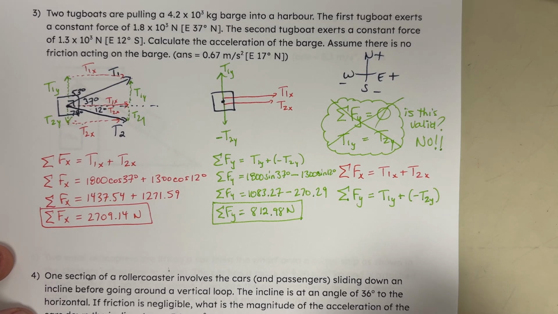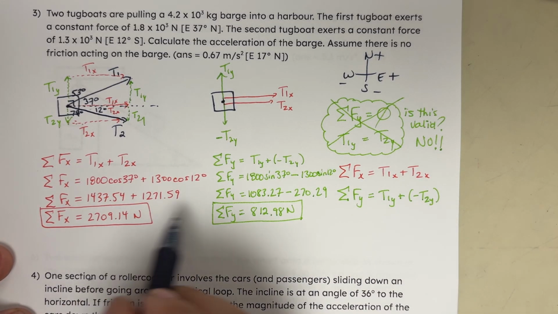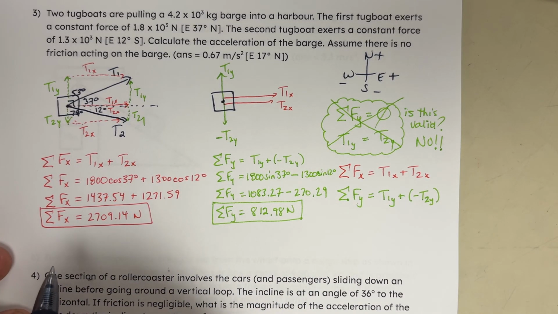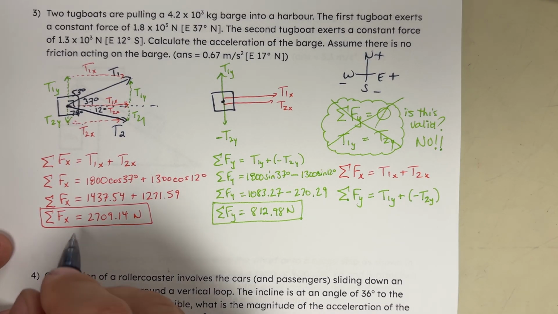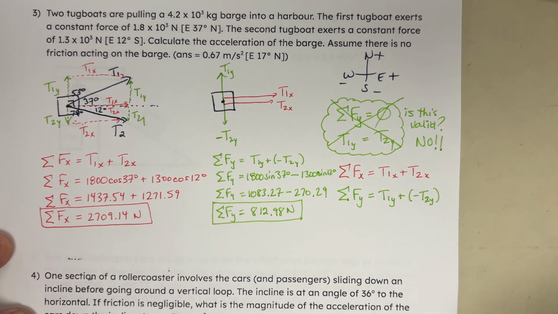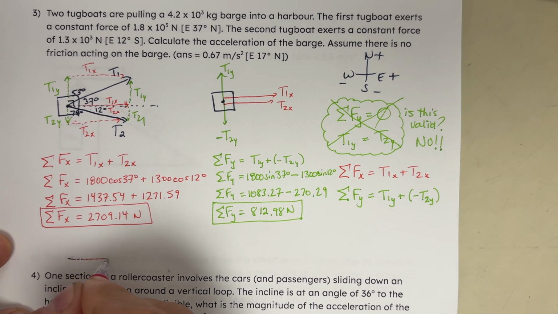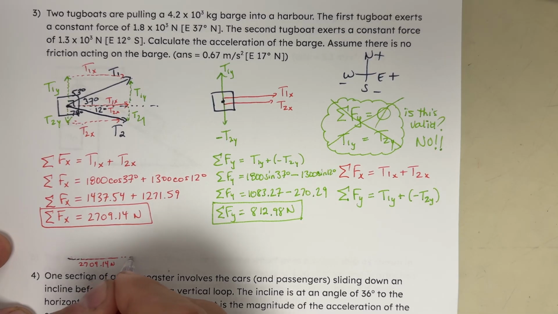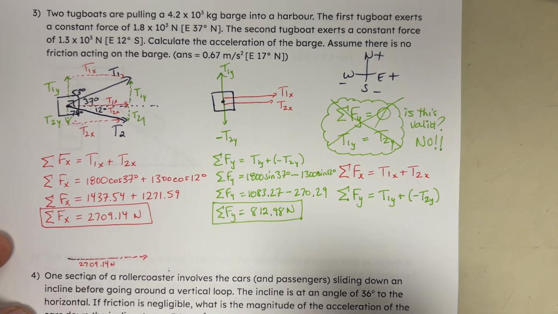And we're going to use Pythagorean for that. So if I look at these two things here, I can kind of see that it's going, let me see here. So 2000, let's say, I'll do it in red, I guess. So it's kind of look like this. Let's say 2009, 14 newtons this way.